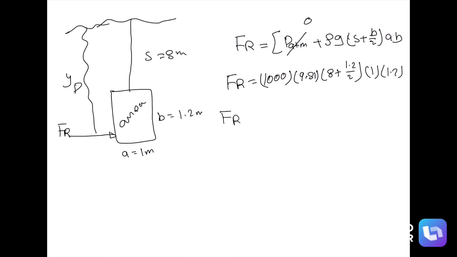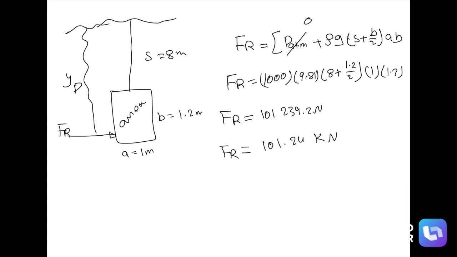The resultant force equal to 101,239.2 Newton, which is equal to 101.24 kilonewton.